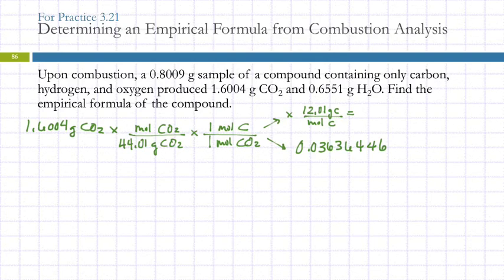The sig figs are going to go away eventually, but we want to make sure we keep plenty. So that's moles of carbon. And then if I multiply by 12.01, that will give me the mass of carbon. I need the mass of carbon so I can find the mass of the oxygen. Grams of carbon. Any questions?